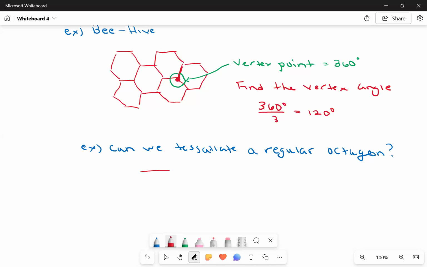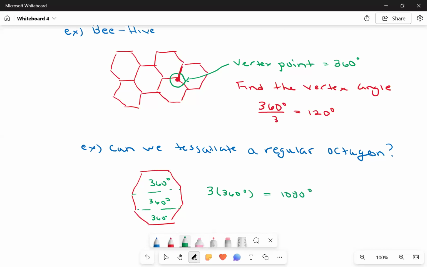So let me go ahead and draw an octagon here. I hope you remember that in the last video, we figured out the sum of the angles of an octagon by doing 3 quadrilaterals, and 3 times 360 was 1,080.